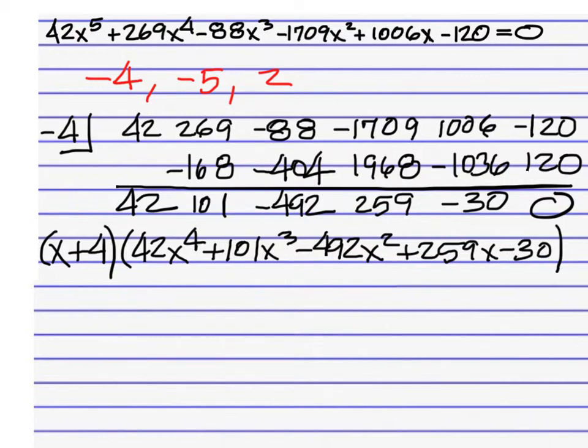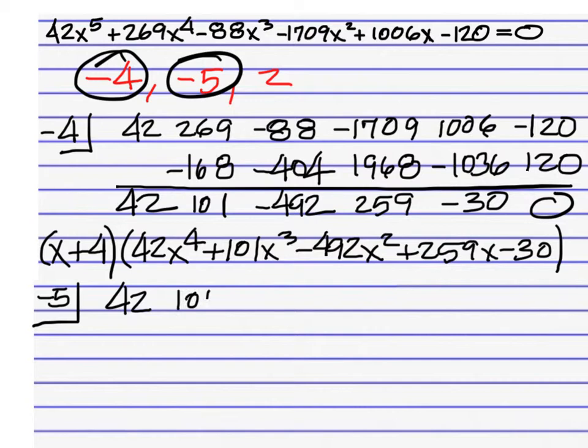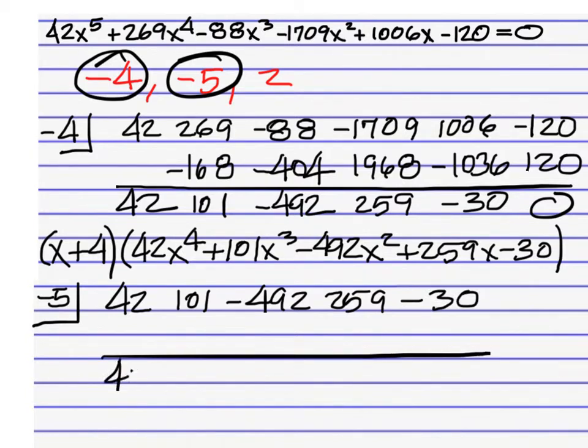Now you have to go back and divide by one of your other zeros that you have not used, and that's going to be negative 5 in this case. So negative 5, and divide that into 42, 101, negative 492, 259, and negative 30. Draw a line and drop the first one, it's 42, and multiply 42 by negative 5. And you come back with negative 210.